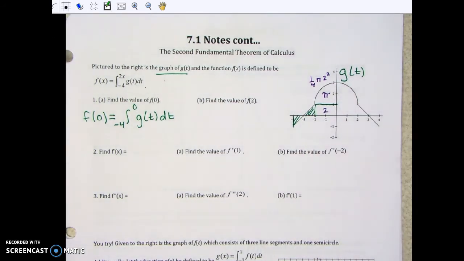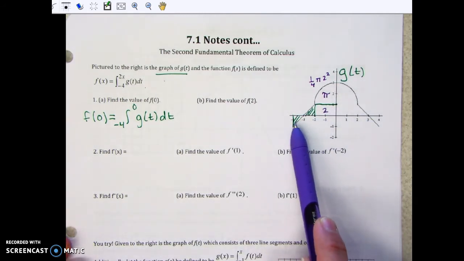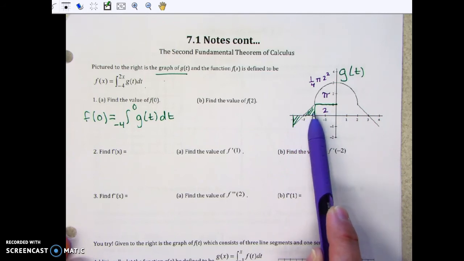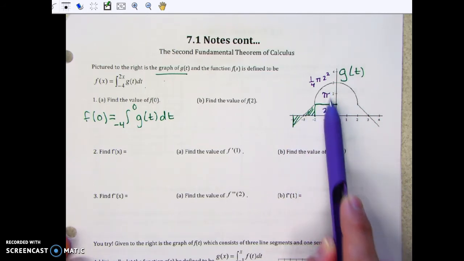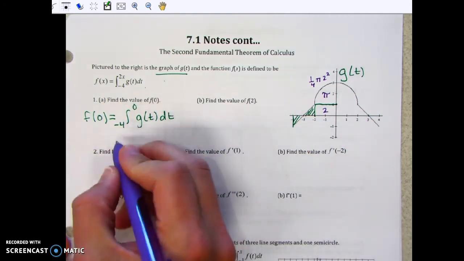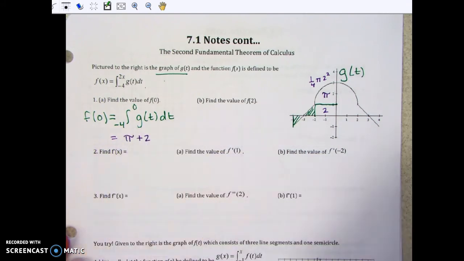And then this is 2. Although we're left of the y-axis, it's still positive because we're going from -4 to 0, so we're going in the positive direction, and this was negative and this is positive, so those did cancel. So then we have this area equals pi plus 2. That's all we had to do there.